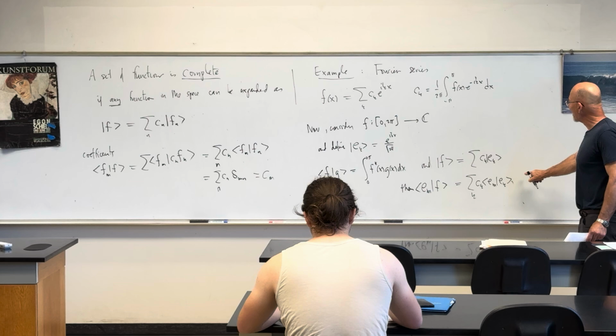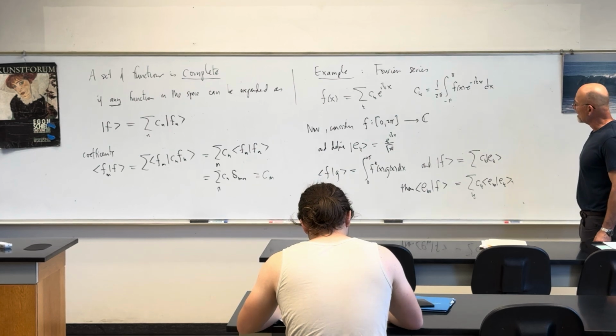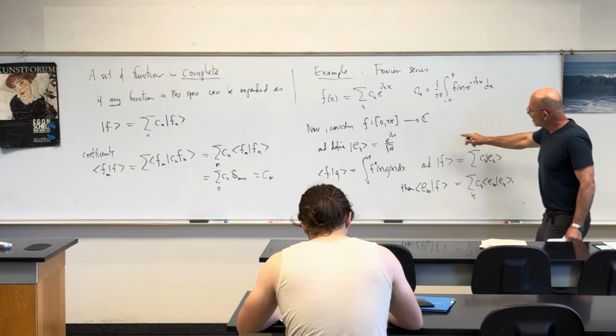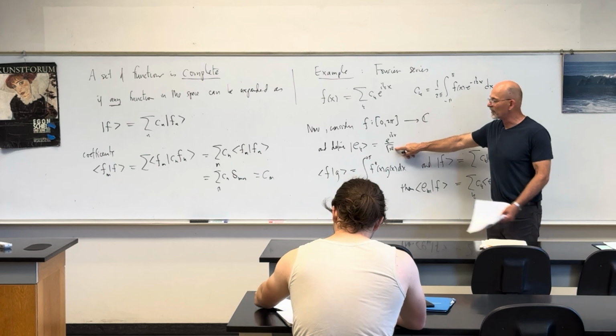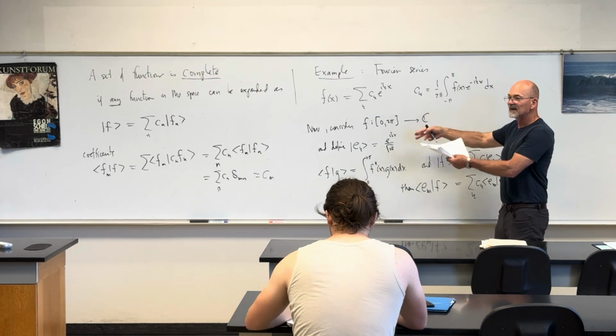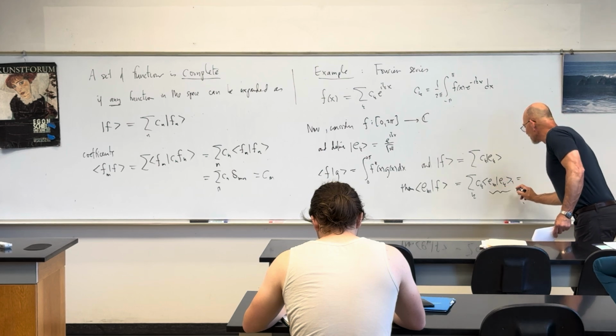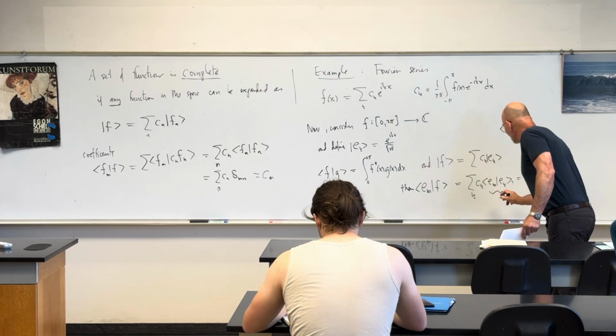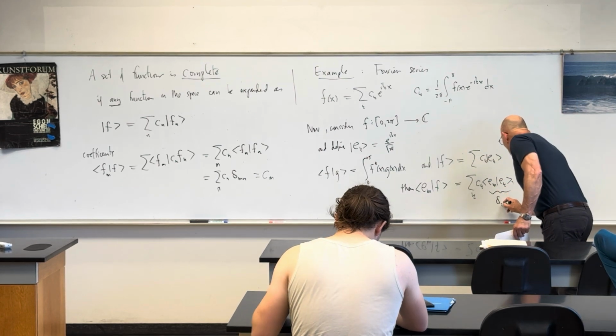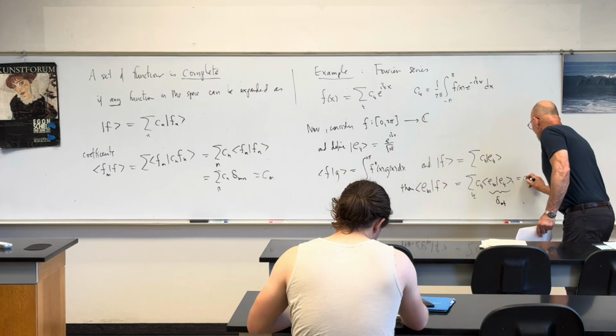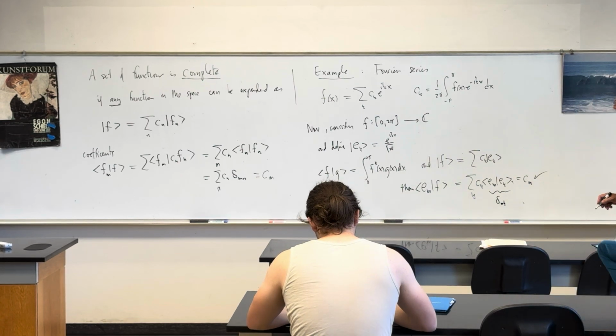Now these two have that Kronecker delta property because each one has 1 over root 2 pi. So when you multiply them together, you get the 1 over 2 pi, and the integral turns into the Kronecker delta. So as defined, those are orthonormal, delta mk, and the result equals c sub m. Exactly the same as we had before.